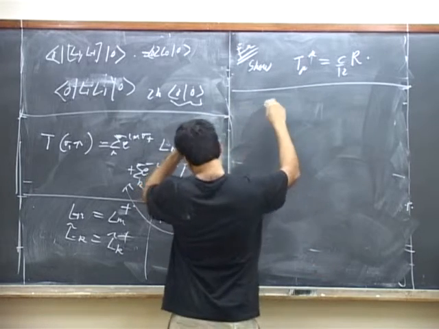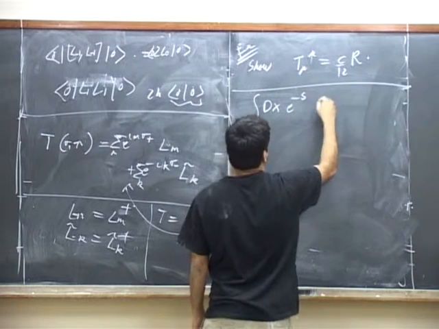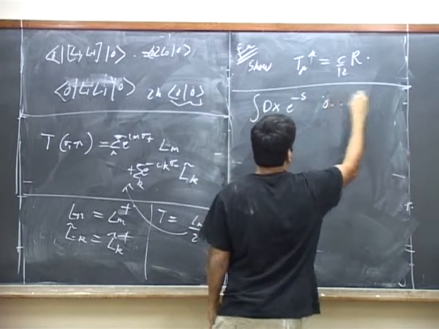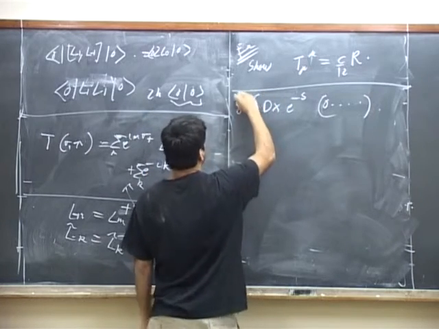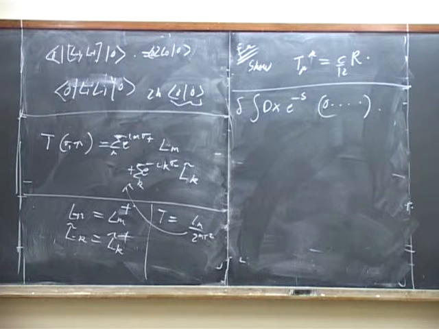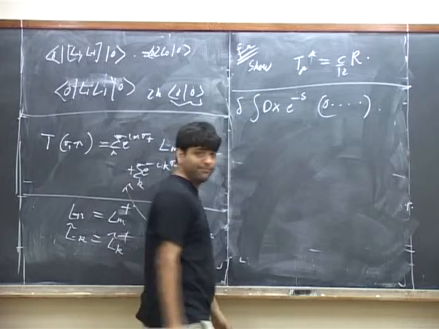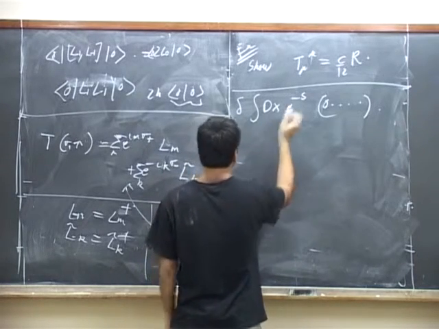Suppose we take the integral dx of e to the power minus S and some operators, and we vary the metric of the theory a little bit. So the change in this correlator upon a small variation of the metric is given by the following.